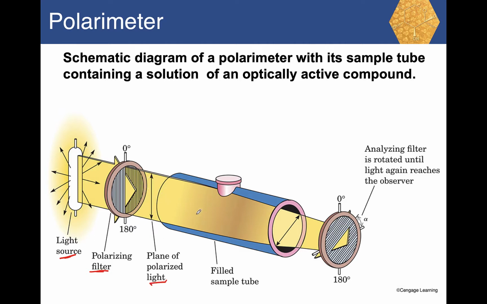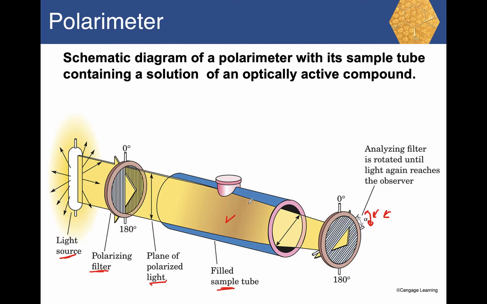That light now passes through a sample. If it's an optically active sample, or one of the enantiomers, it will rotate the plane by a specific number of degrees. So if there's a rotation, the sample in here is optically active and is one of the enantiomers.